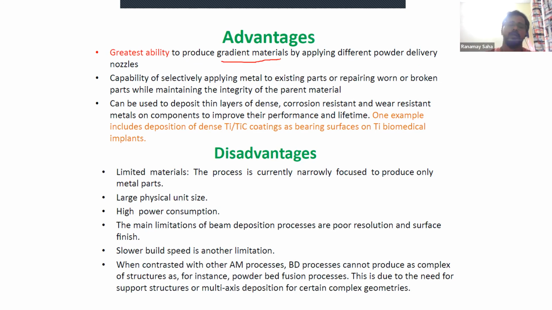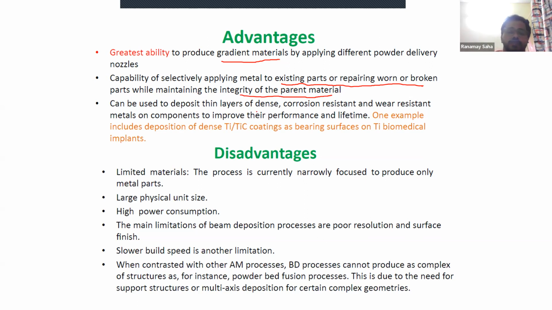Because the powder is being melted simultaneously, where the beam converges with the powder supply, right? So you can produce gradient materials here. Then you have the capability of selectively applying metal to existing parts, or repairing worn or broken parts while maintaining the integrity of the parent material, right?